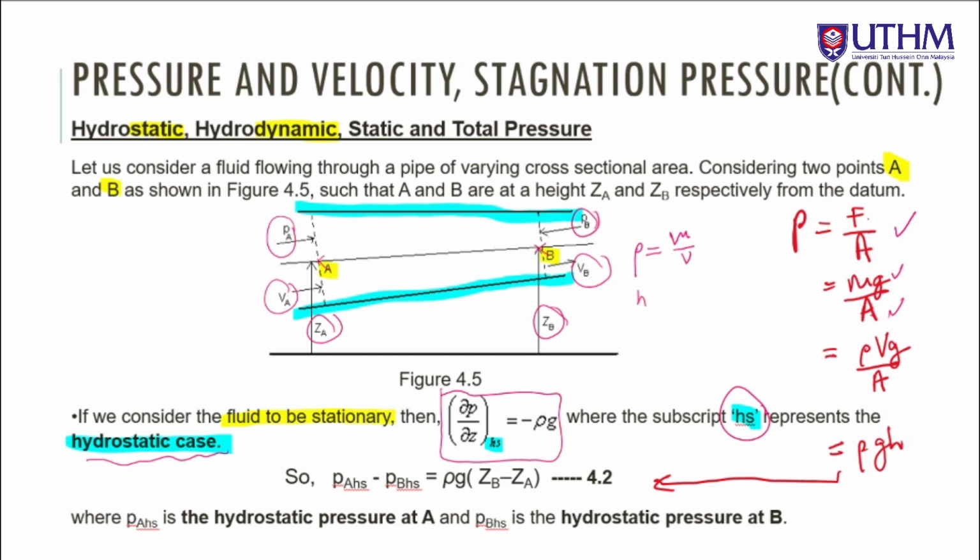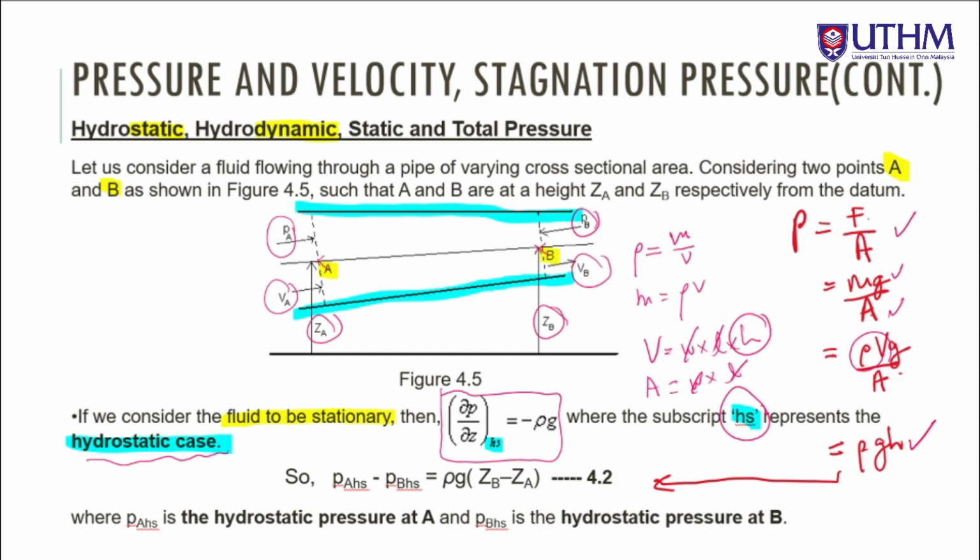So we replace mass with rho V times g over A, and then we expand further, we know volume equals width times length times h, and area equals width times length only. So after cancelling, we are left with h.